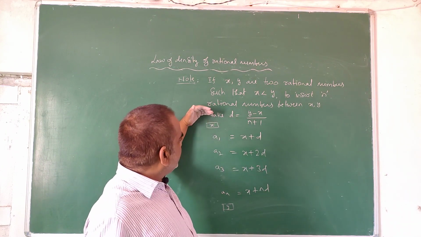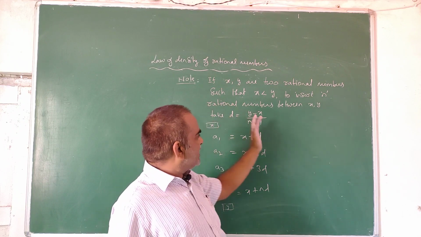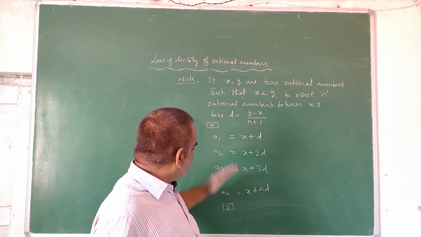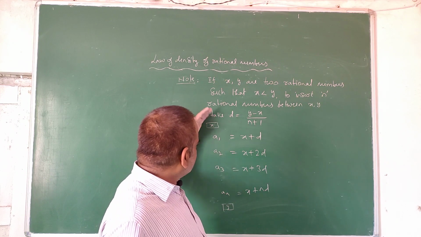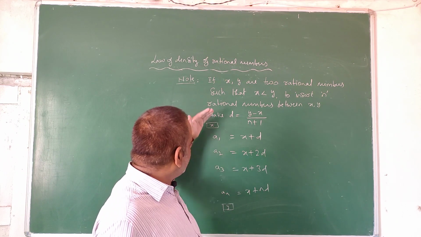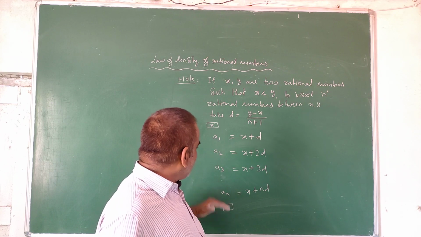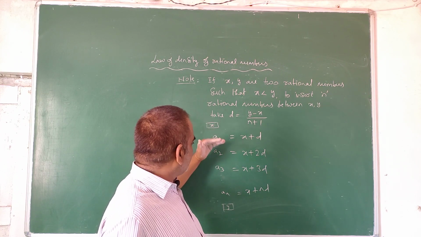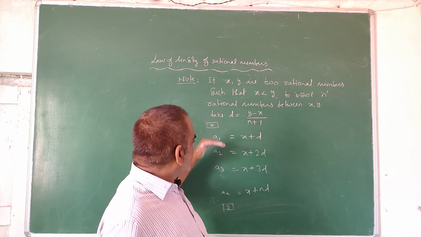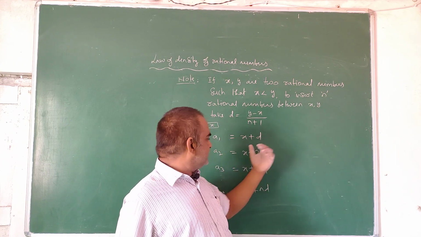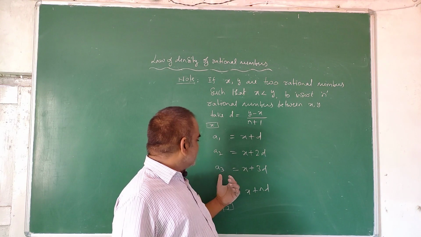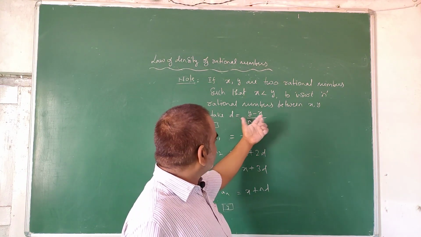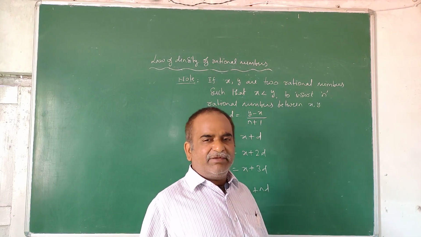Then you have to take d is equal to (y minus x) by (n plus 1), and this starting rational number is x, ending rational number is y. Here x is first and y is last, and between x and y you have the rational numbers a1, a2, a3, so on, an. So how to get a1? It is x plus d, a2 is x plus 2d, a3 is x plus 3d, so an is x plus nd, where d is equal to (y minus x) by (n plus 1).